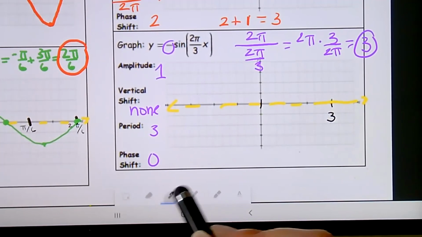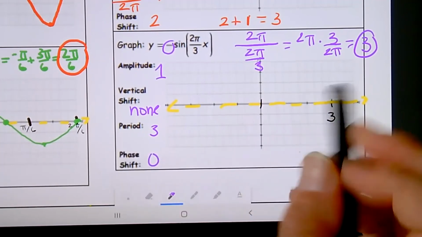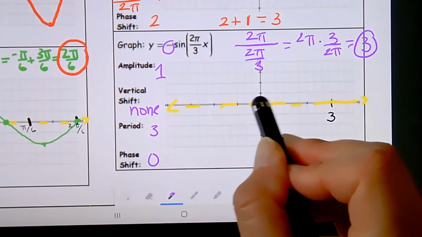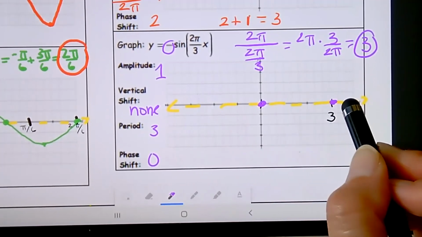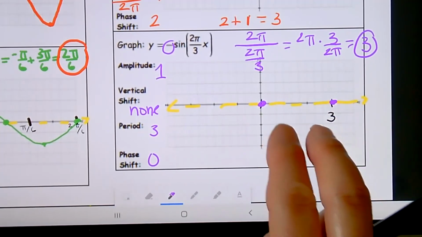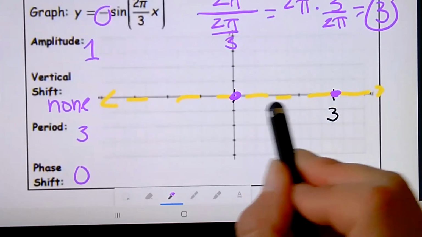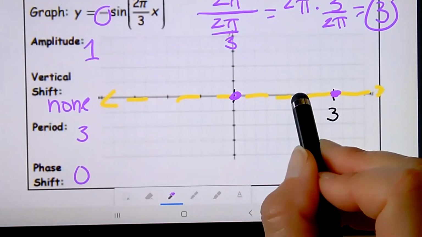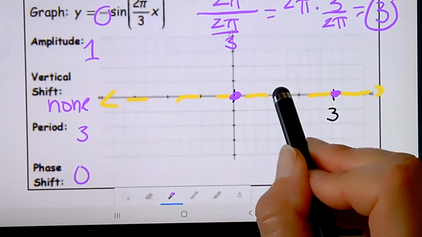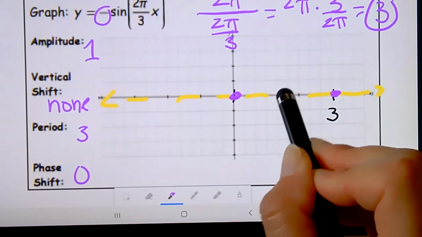Starting at 0, ending at 3, and halfway in between, we're just going to approximate that. That would be 1.5, so let's say about here.